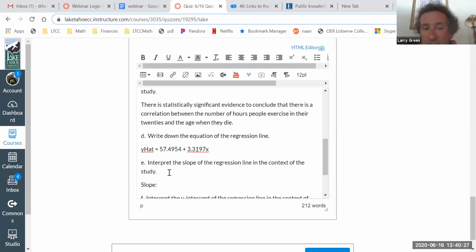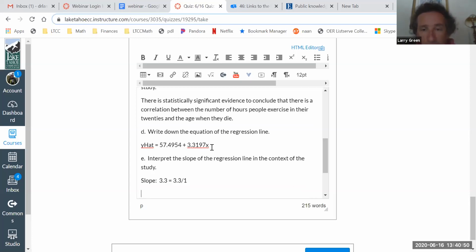What's the slope? 3.3. So that's the first thing, the slope is 3.3. You have to know how to recognize it. And I like to write that as 3.3 over 1. That reminds me that the slope is a fraction, as in rise over run.